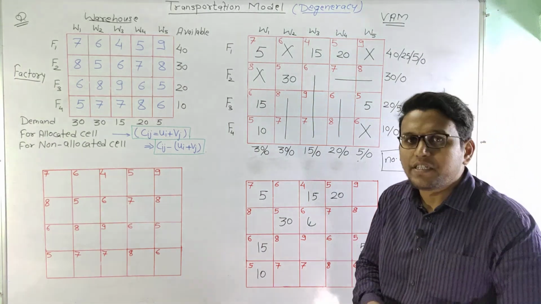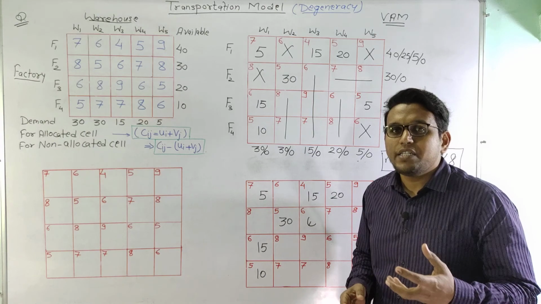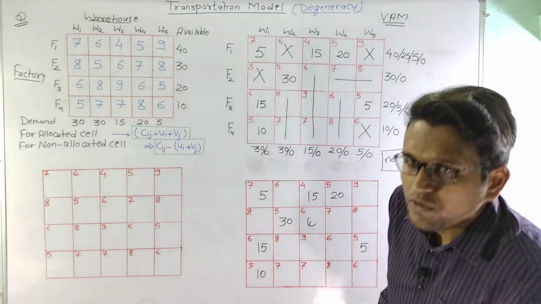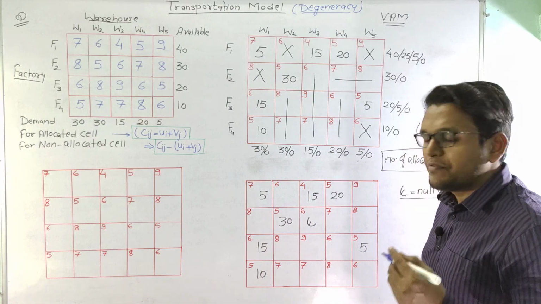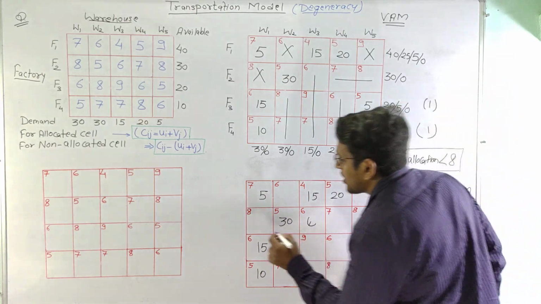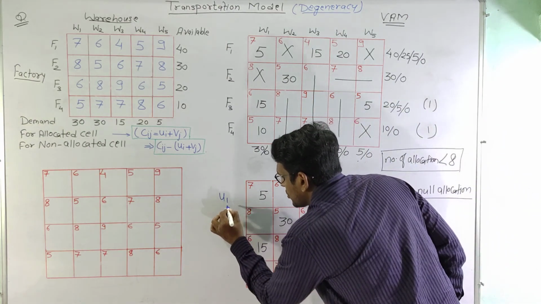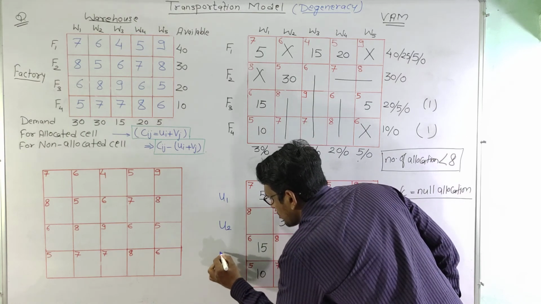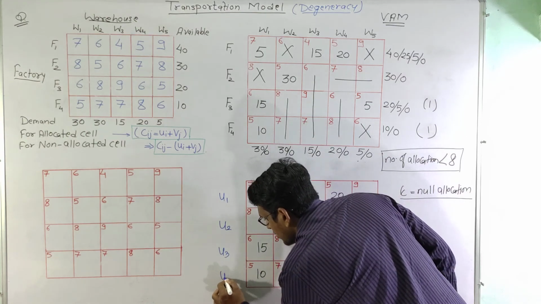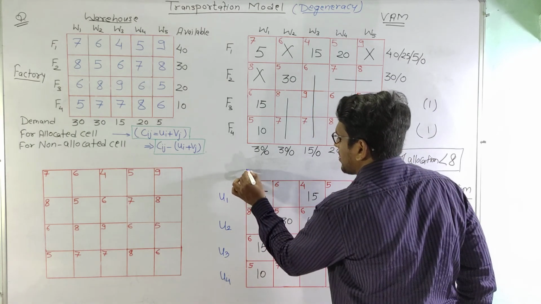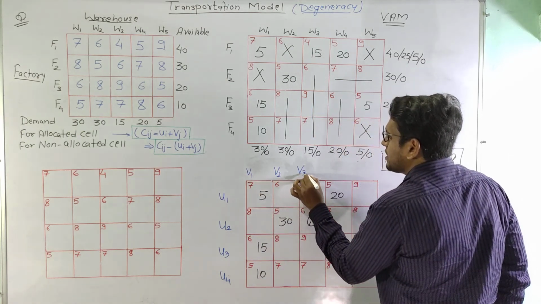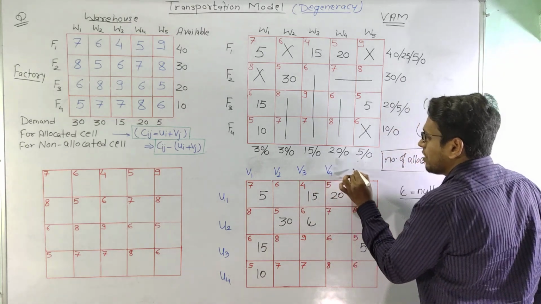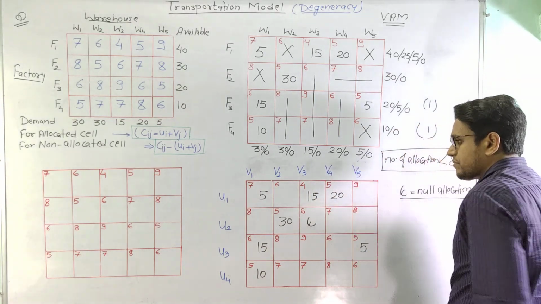We will check the optimality by using modified distribution method, and we know that in modified distribution method we will have certain variables. So let us quickly see u1, u2, u3, u4. Similarly, v1, v2, v3, v4, v5.